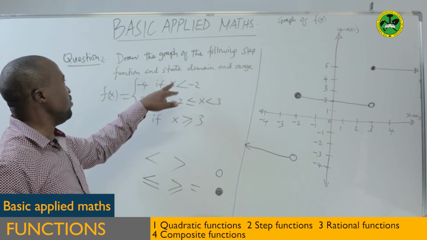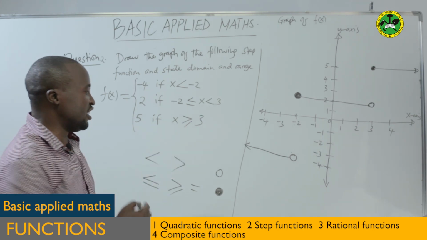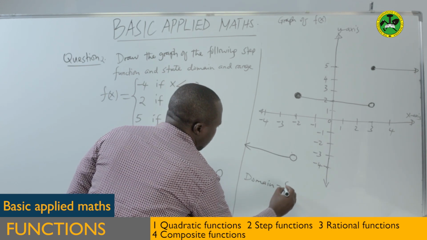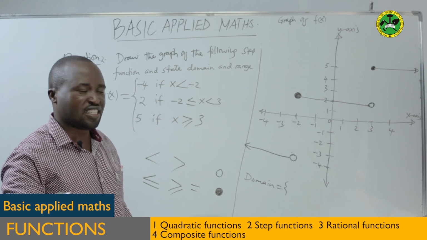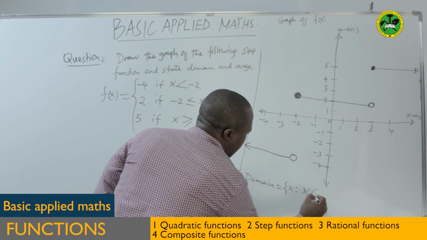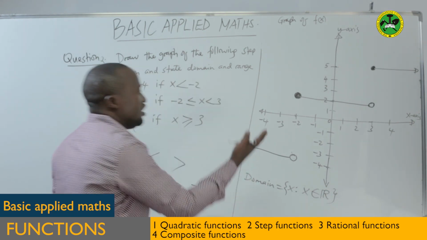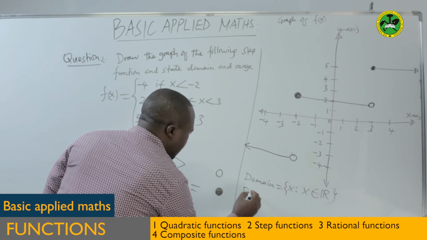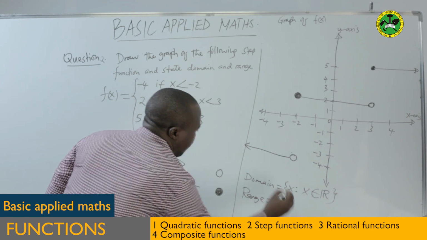So the next step, state domain and the range. Now for such kind of step function, domain is equal to, remember when you're talking about the domain, we are talking about the values of x or first entries. So x such that x is the set of real numbers. For range, we are talking about the y values.